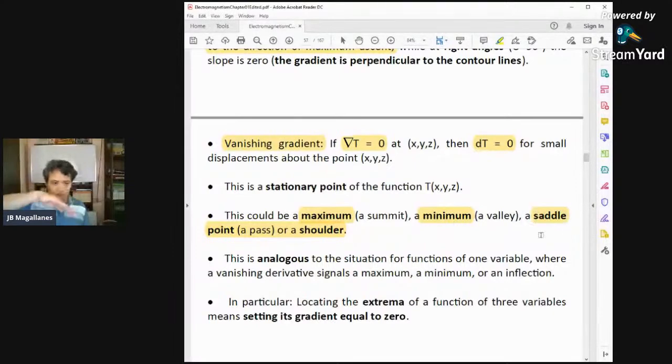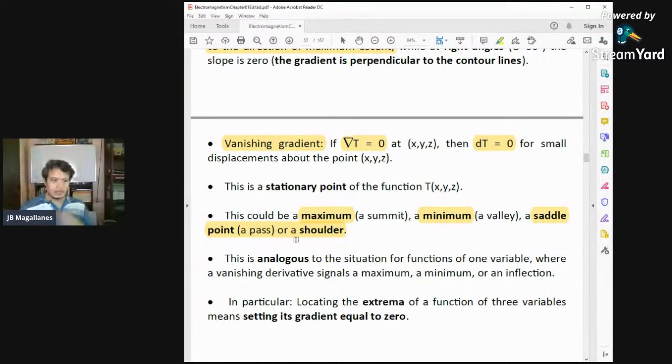The maximum, so if you have a mountain, the maximum would be the summit. And if you have two mountains, the lowest point between them would be the valley. And then you also have a saddle point or a shoulder like this.